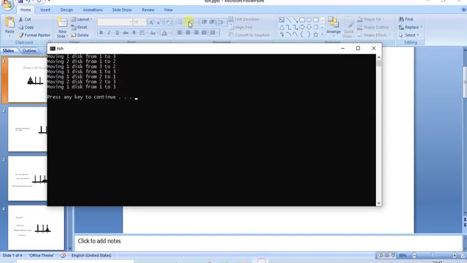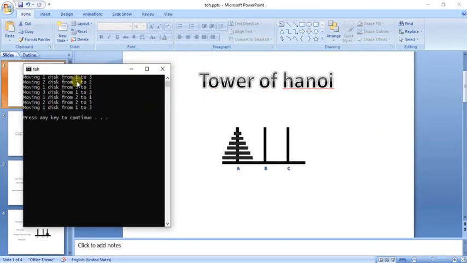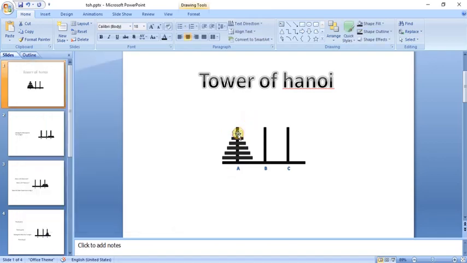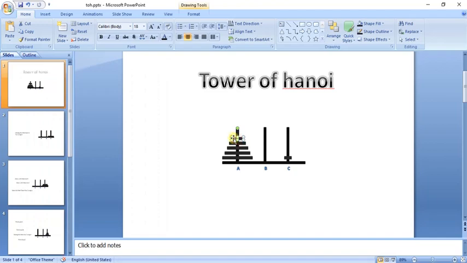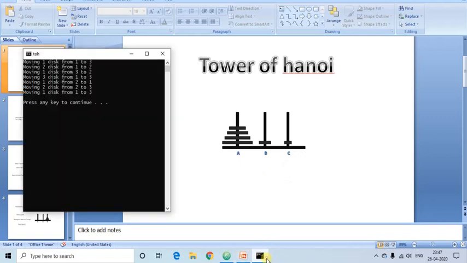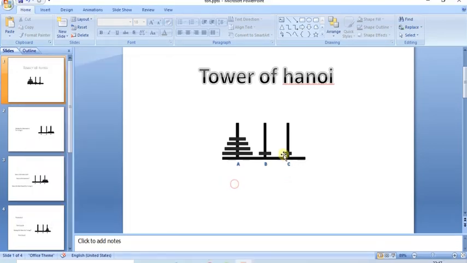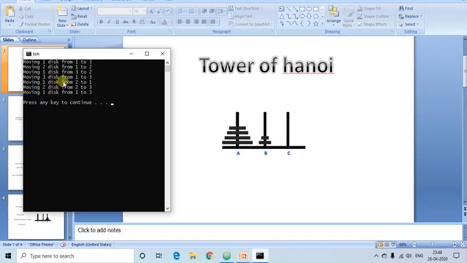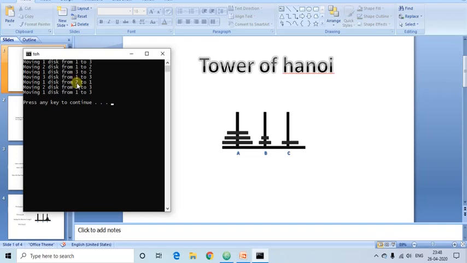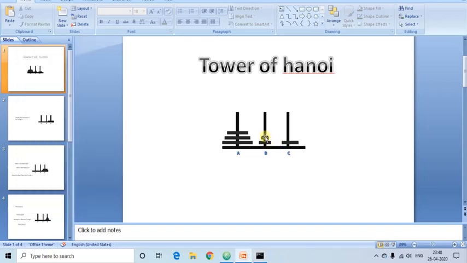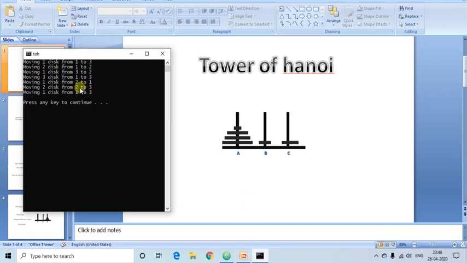If I use this algorithm: 1 to 3, then 1 to 2, then 1 to 3, then 1 to 2, then again 3 to 2, next 1 to 3, next 2 to 1, next 2 to 1, then 2 to 3.